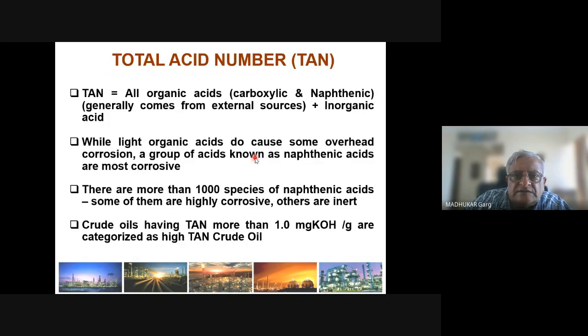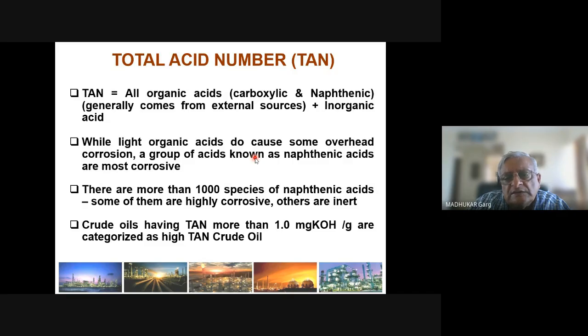So this is as far as the characterization of the crude is concerned in terms of the heavier components. Another important characteristic of crude oil is the acid number. And why this is of interest to the industry is because if you can process high acid crudes, these crudes come at a lower cost.